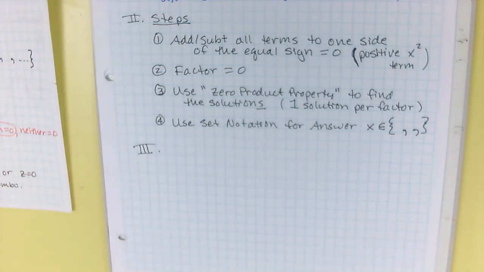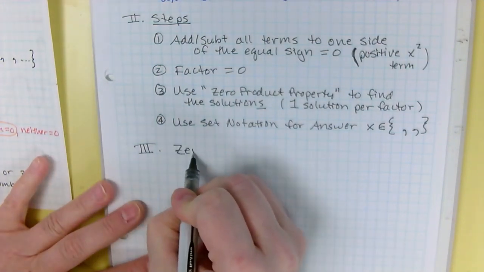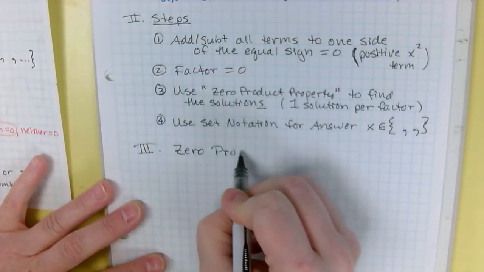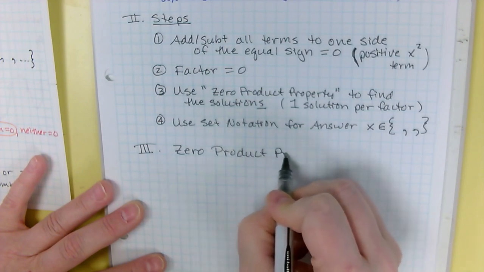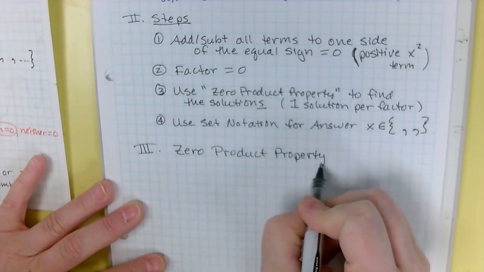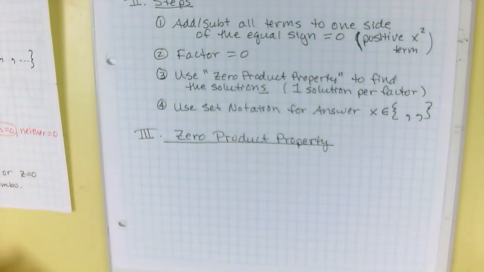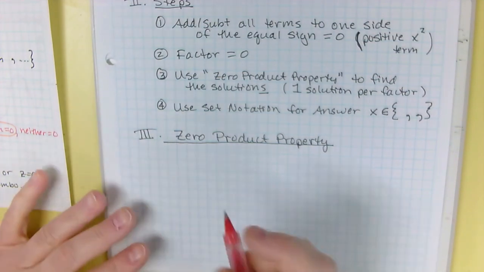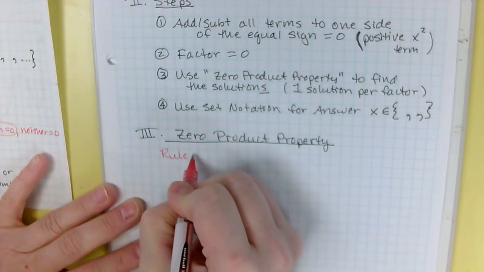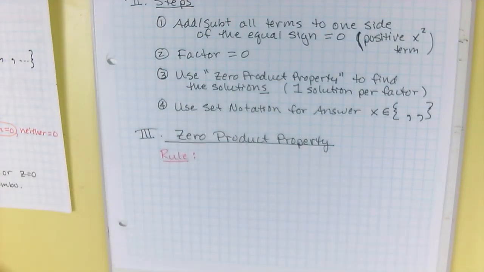All right, Roman numeral 3, zero product property. This is the property that lets us solve once we've had something in factored form. So here is the rule for zero product property.